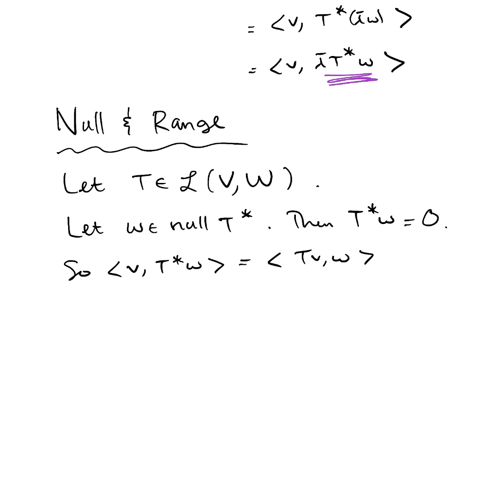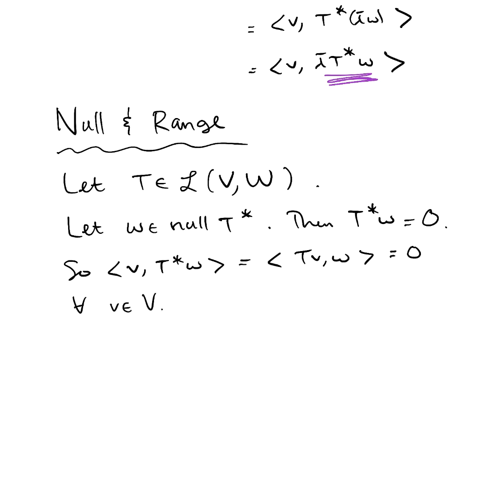That's what it means for W to be in the null space of T star. So if you inner product with T star W, you get 0. But inner producting with T star W is the same as TV inner product with W. And that's true for any V whatsoever.